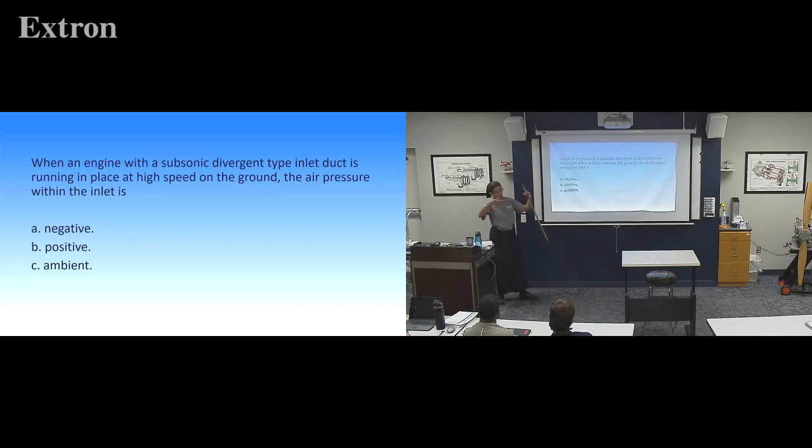And yes, it is drawing air in, but because of the divergent shape, it's increasing pressure. Does that make sense? Yeah, positive means more pressure. And then negative means low pressure. And positive relative. Yeah.